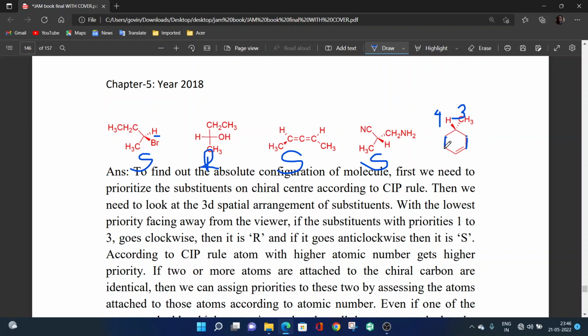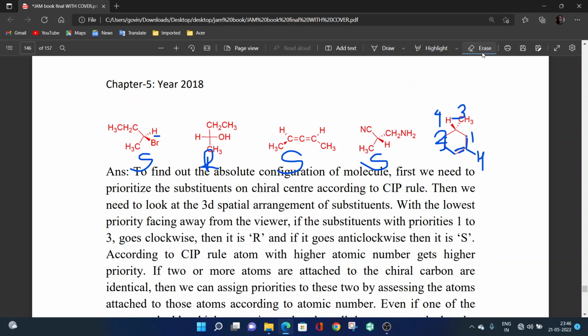So we cannot find out, we have to move to the next. Here it is attached to 1 hydrogen and 2 carbons, because a double bond is considered as 2 carbons, whereas here it is attached to 1 carbon and 2 hydrogens. So this gets preference. So we can write this one as first, this one as second.